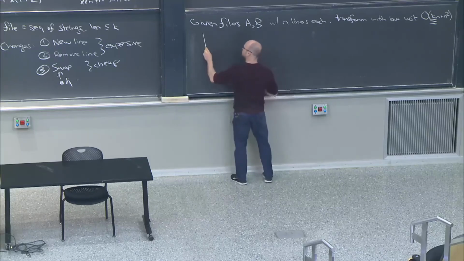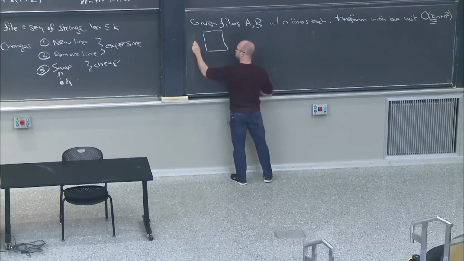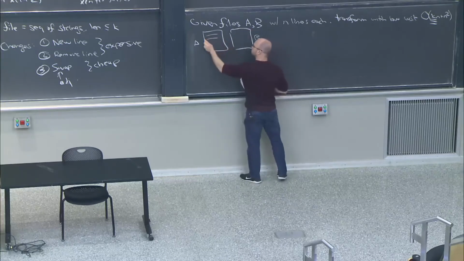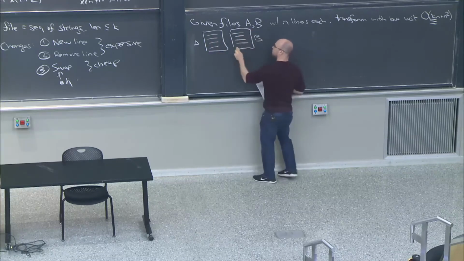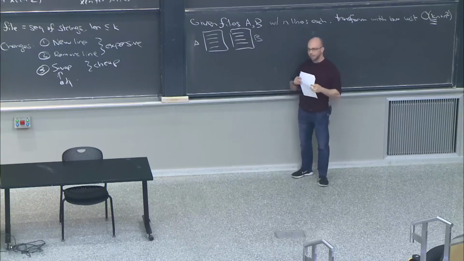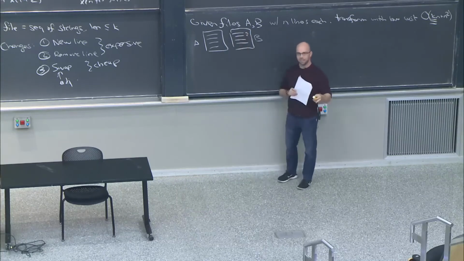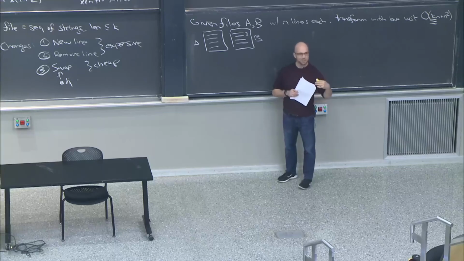I have two documents. This is document A, this is document B, right? Each one of them is composed of a bunch of lines. And I'm basically trying to turn A into B, and the only thing I can do is scribble out a line, insert, just hit the enter key, or do a third thing where I swap two things that are adjacent to one another. This is the only thing I can do.